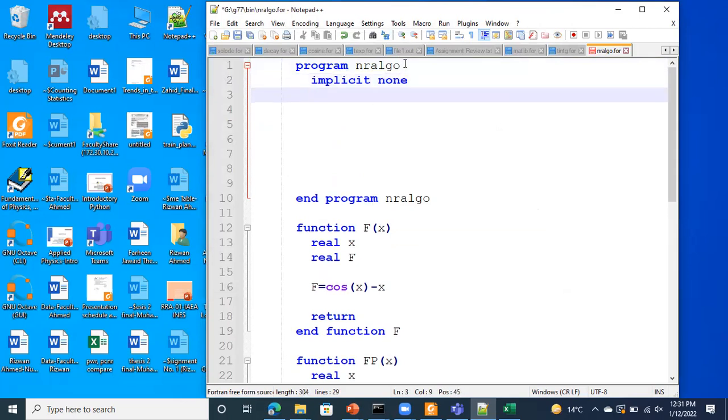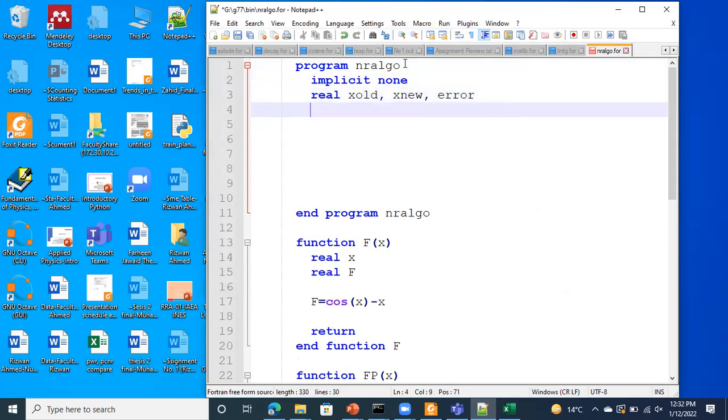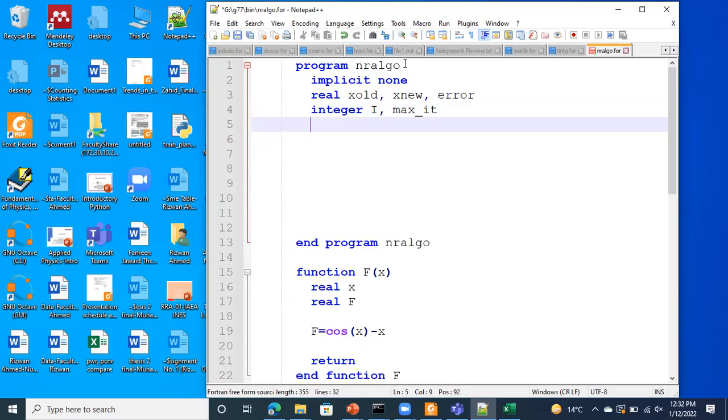implicit none. I will define real x old, x new, error, right? And I must have integers, say I, and maximum number of iterations, right?